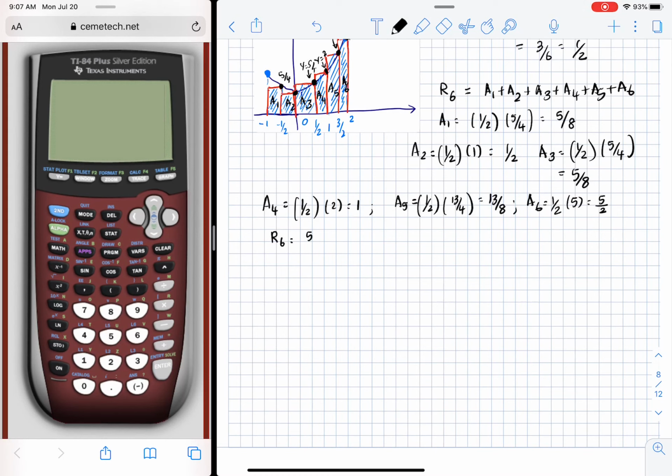R6 would be 5 over 8, plus 1/2, which I could write as 4 over 8, plus 5 over 8, plus 8 over 8 for 1, 13 over 8, plus 5 over 8. I just wanted to have a common denominator, so I have 8 and 5 plus 4, 9, 14, 22, 35, and 40. I end up getting 5.